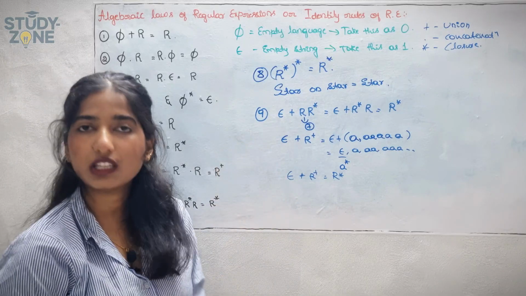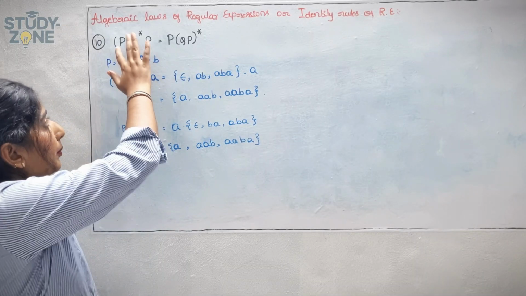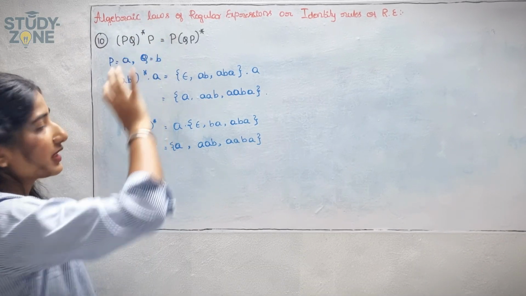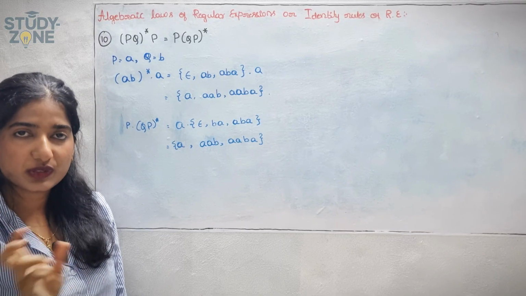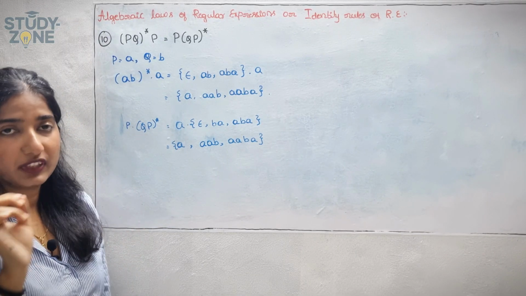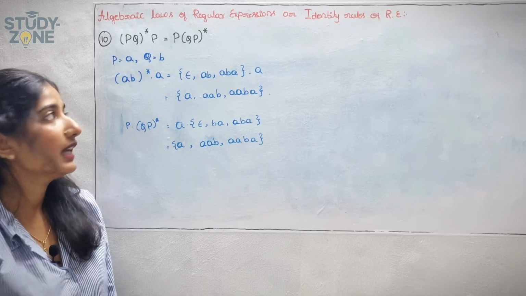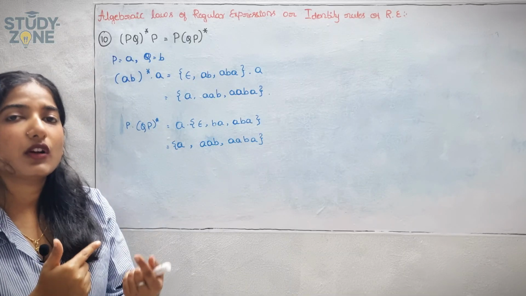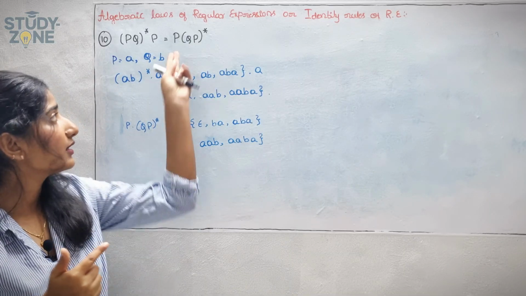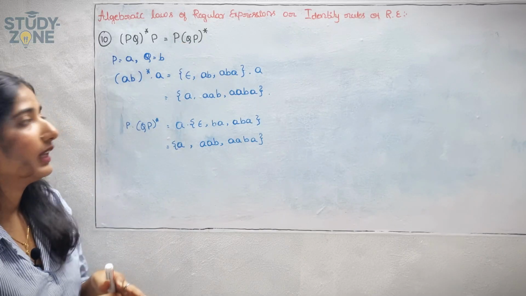So let's go to the 10th law. The 10th law is (PQ) whole star, which means 0 or more occurrence of any combination of PQ, multiplied with P, or concatenation P, is equal to P into any occurrence of 0 or more occurrence of QP.